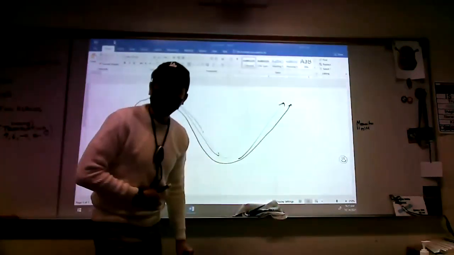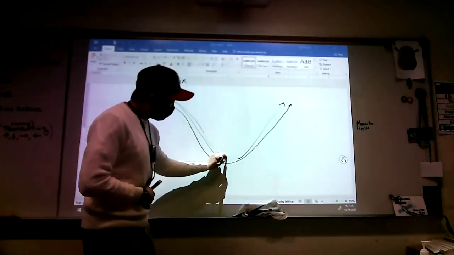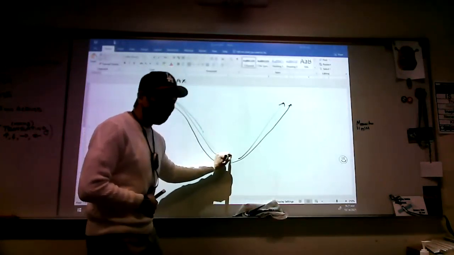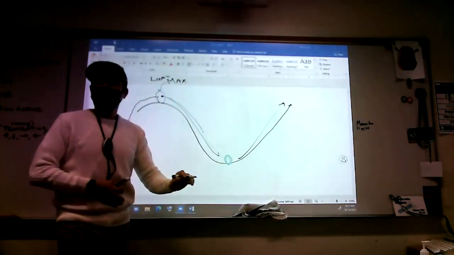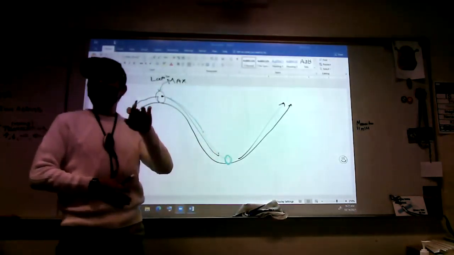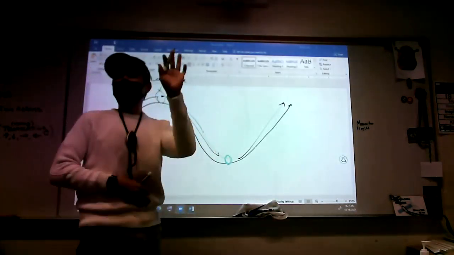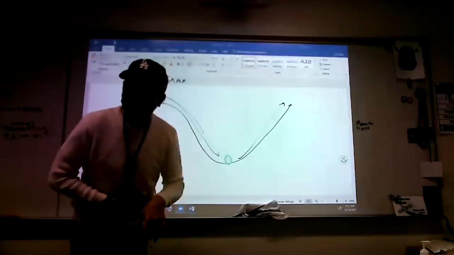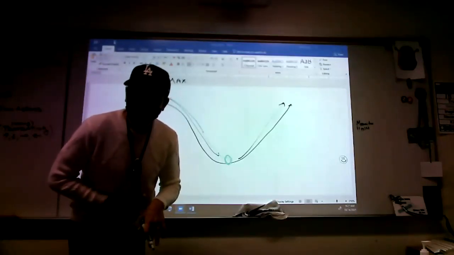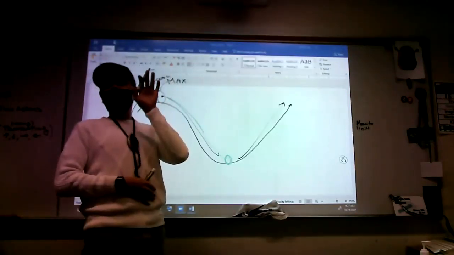Whenever you have that feeling, there's a split second here as well where you're neither decreasing nor increasing. You're going from decreasing to increasing, right?